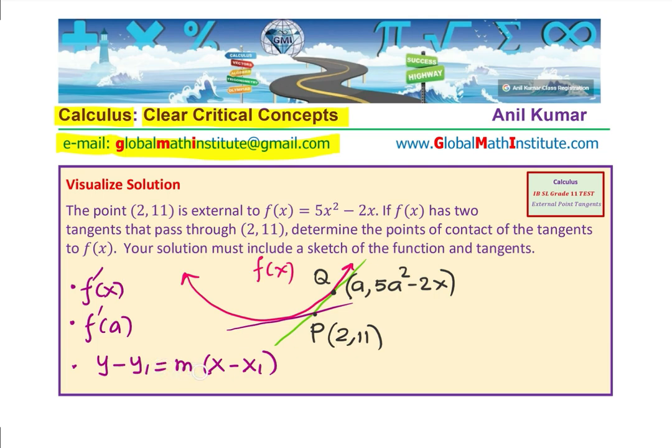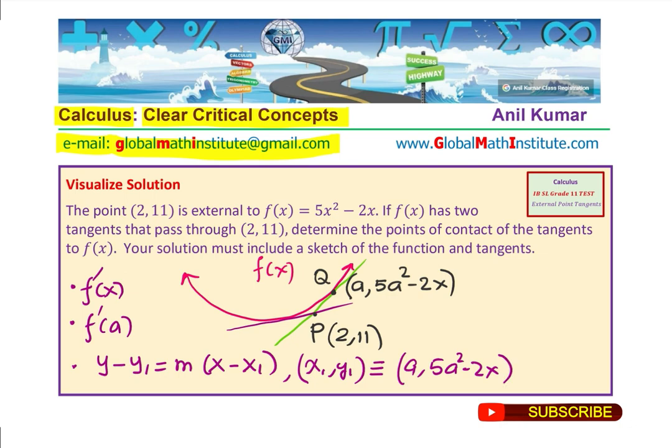Now in this particular case, m is going to be the derivative at point A, and x1, y1 are going to be a and 5a squared minus 2a. Makes sense, right? So we get our equation, where x1, y1 will be, in this case, a and 5a squared minus 2a.